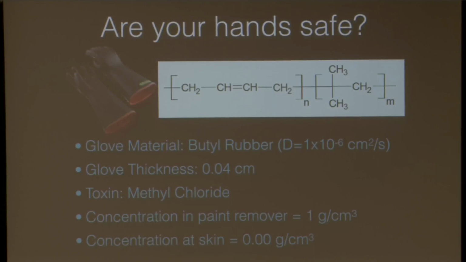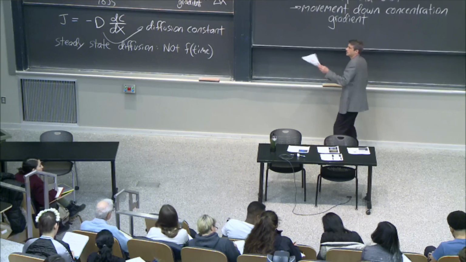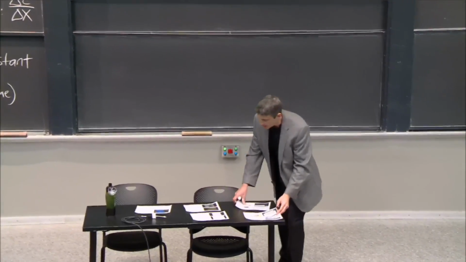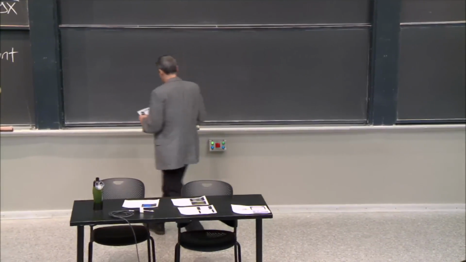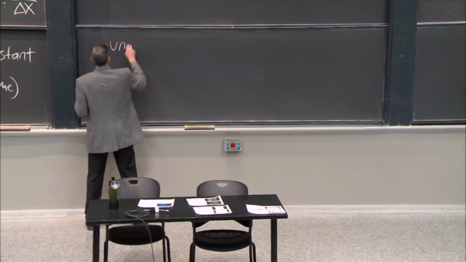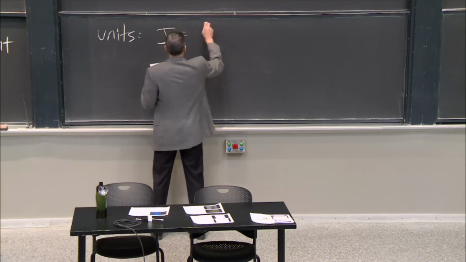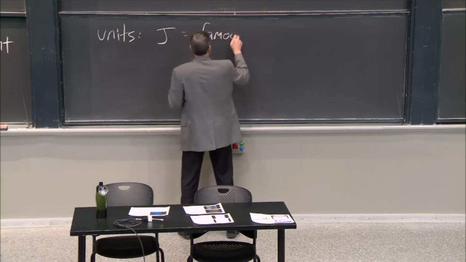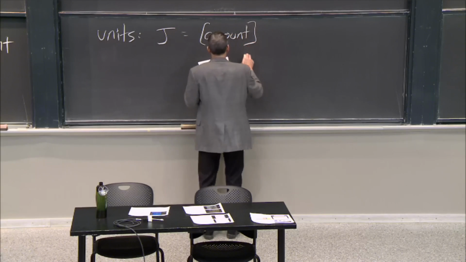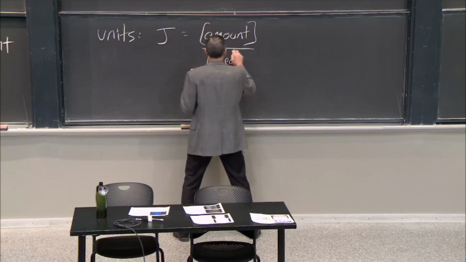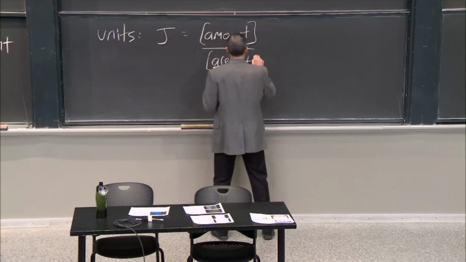Can I stay safe? Well, first of all, just to make sure we understand, this is a diffusion constant. Why does it have those units? You can see this: the units of J are an amount, divided by an area times a time.